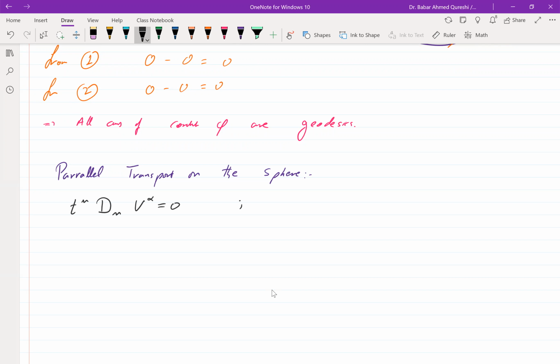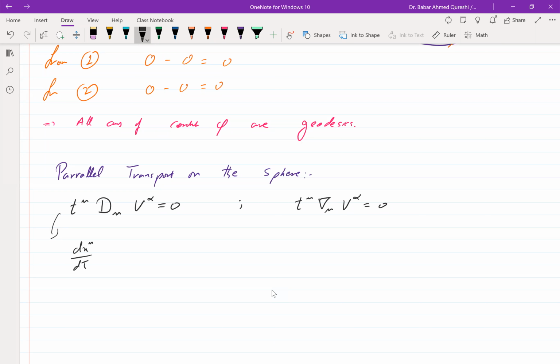By the way, many books, instead of this capital D for the covariant derivative, use this symbol. They are the same when you write this. So when I open it up, this was just this.